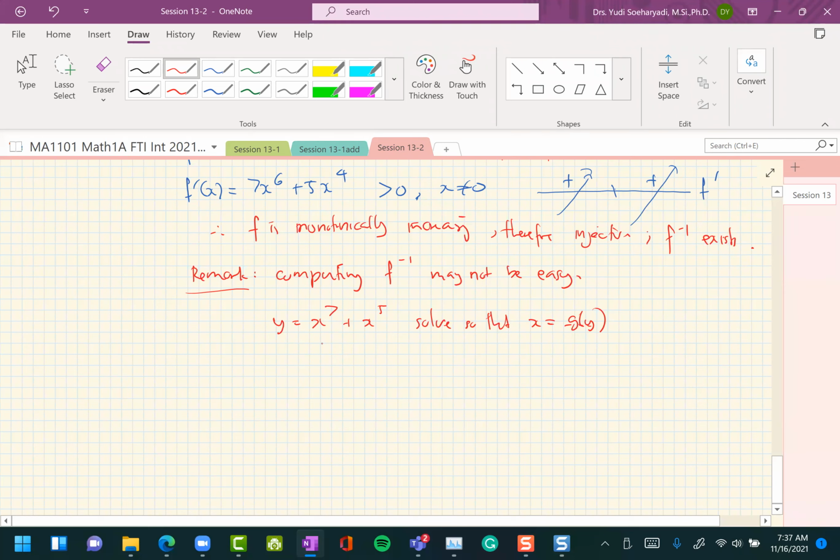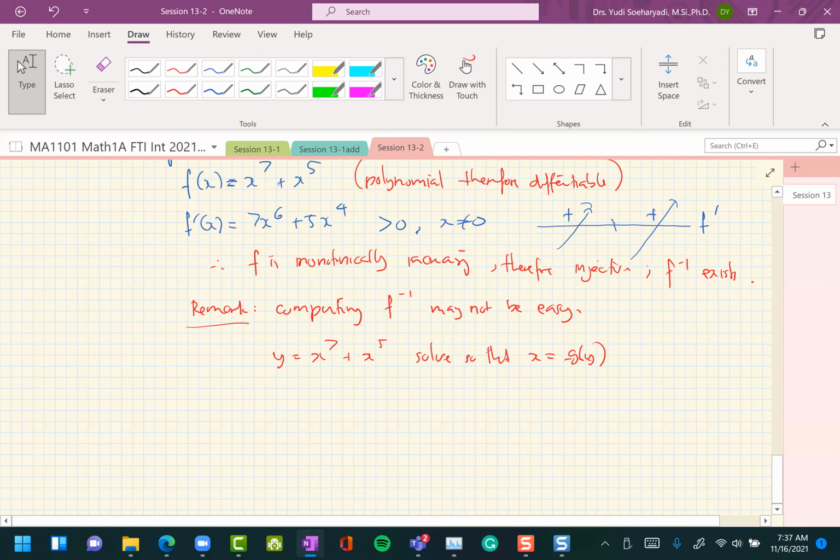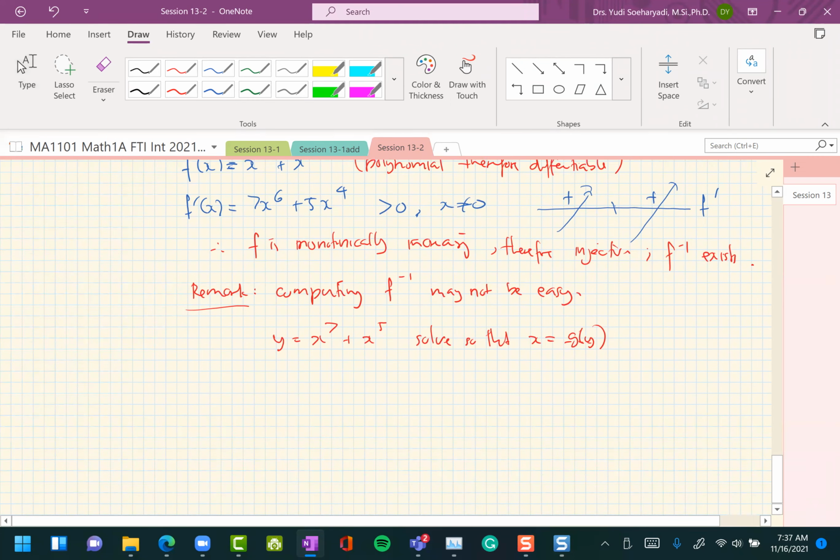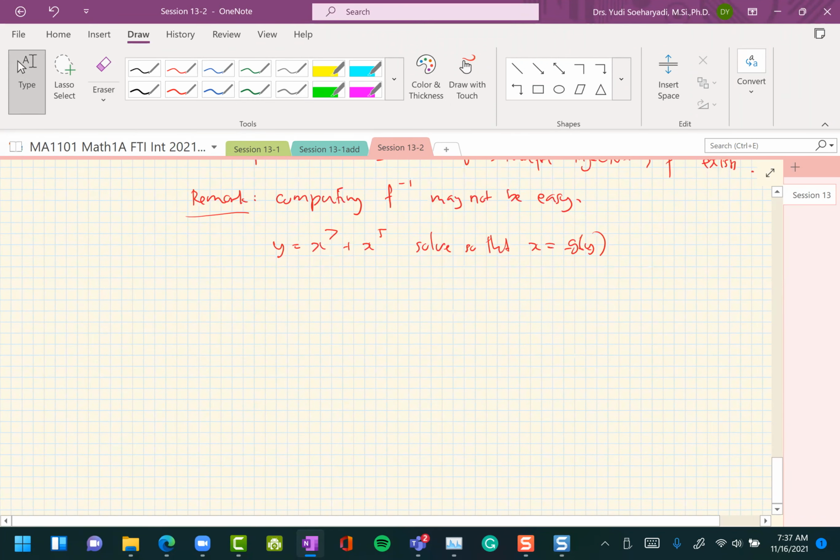But in these cases, it looks like you won't be able to express x as a function of y. Nevertheless, the inverse exists, because it's monotonically increasing. Okay, questions?